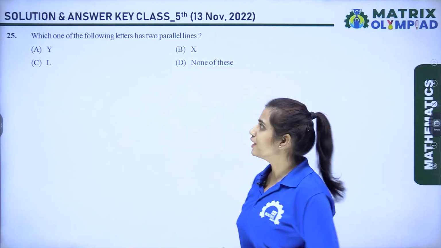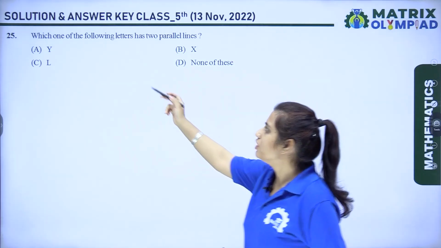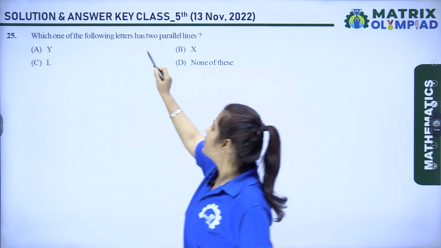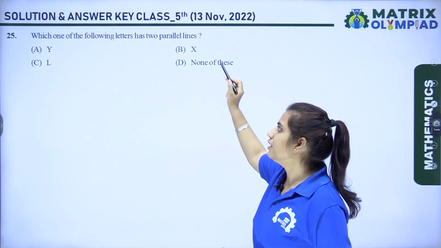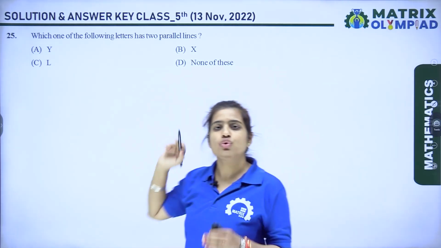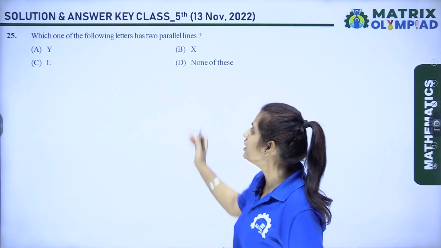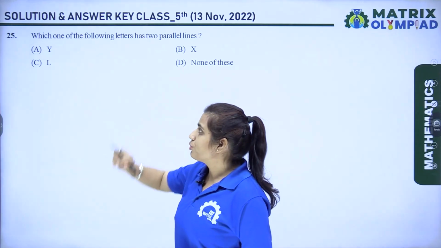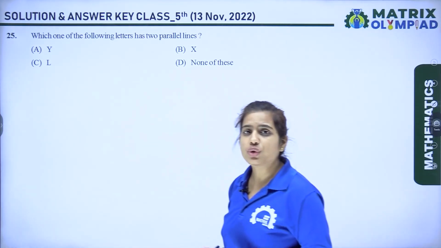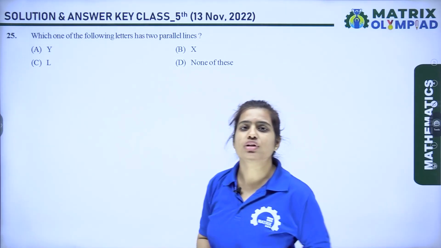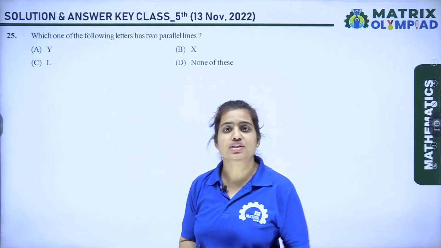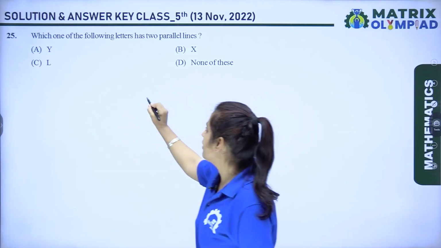Now the next question is question number 25. Which one of the following letters has two parallel lines? We have to find out which letter is representing parallel lines out of these options. So here we know that parallel lines are those lines which are equidistant from each other and they never meet.